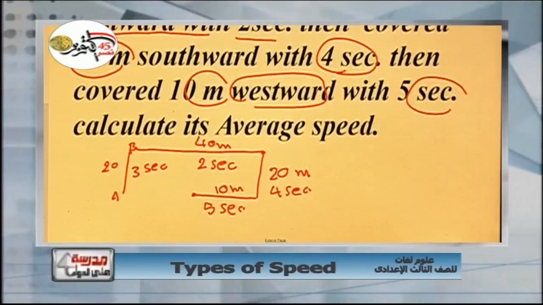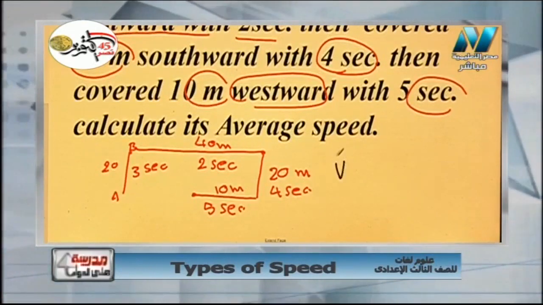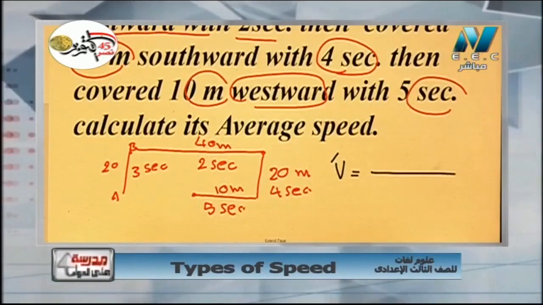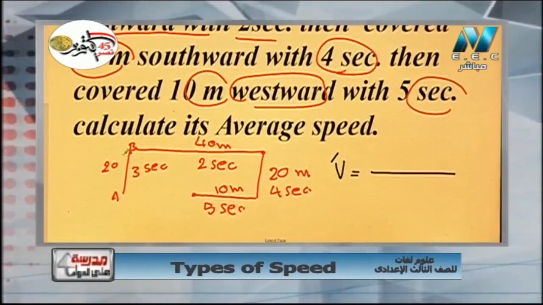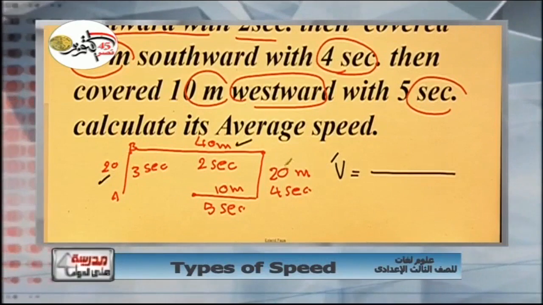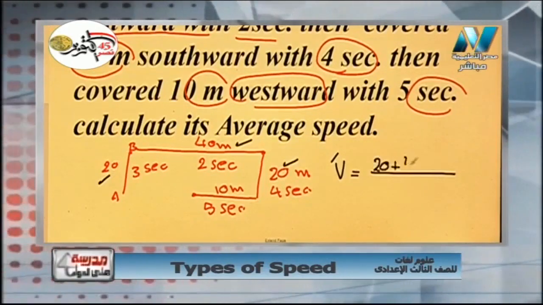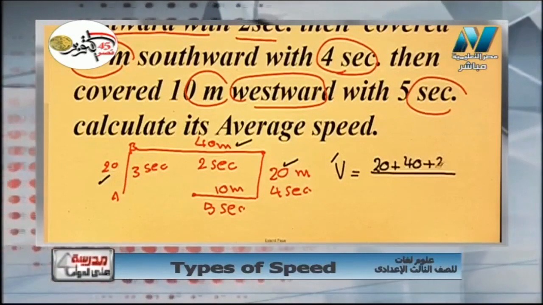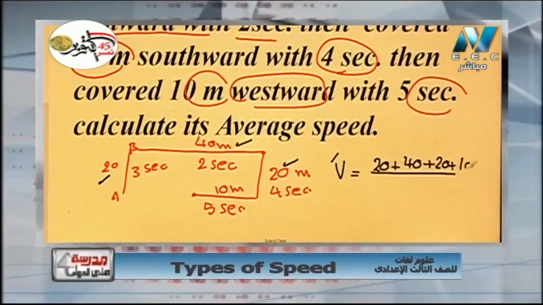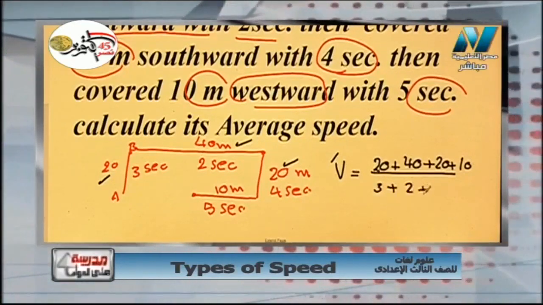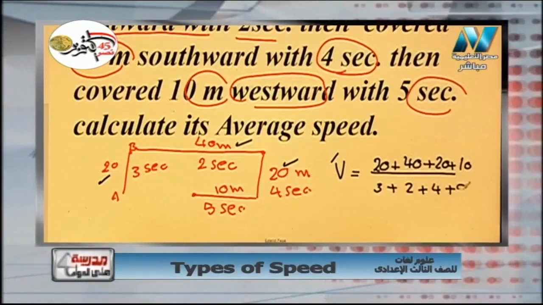So how can we calculate in this case the average speed? As we have total distance covered, V dash, over total time taken. So how many distances do we have here? We have 1, 2, 3, 4. 20 plus 40 plus 20 plus 10 over what? 3 plus 2 plus 4 plus 5.